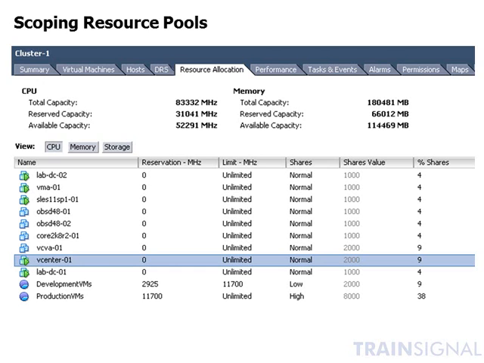I want to draw your attention to the percent shares column. In the event that this cluster becomes resource constrained, and we're looking at CPU capacity right now, so if I were to become CPU constrained in this cluster, note that how VMs and resource pools at the same level interact with each other means I could potentially see VMs in the production VMs category taking a significant share of CPU percentage away from all the other VMs.